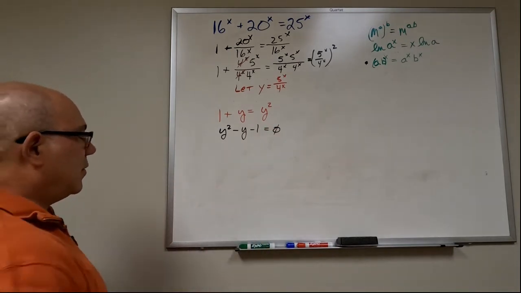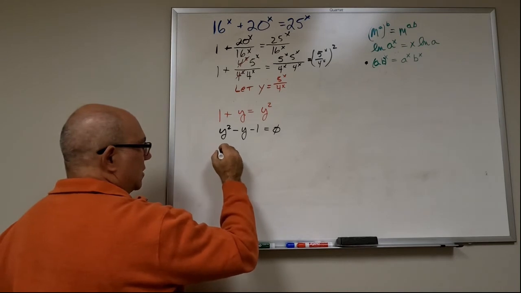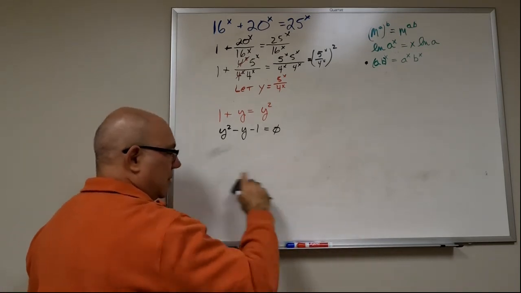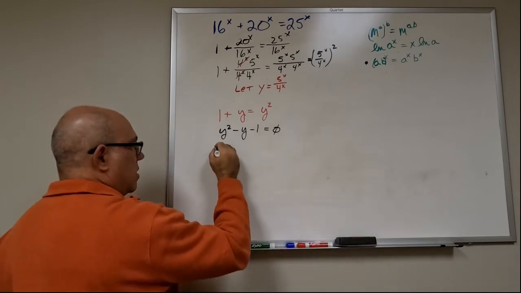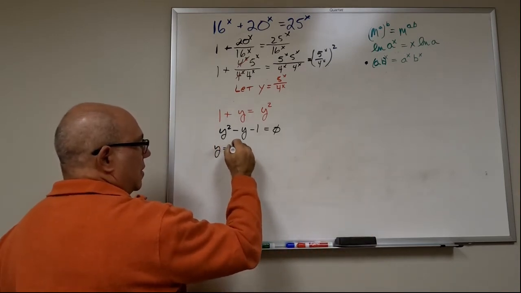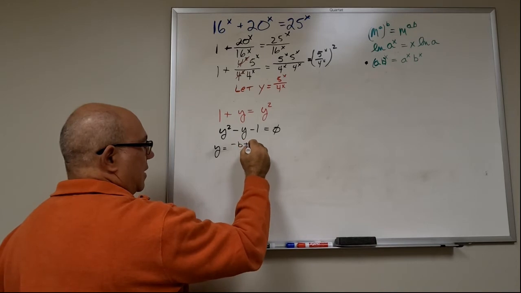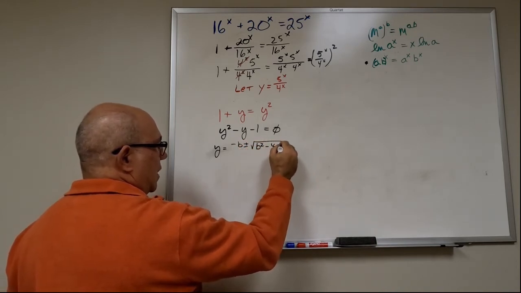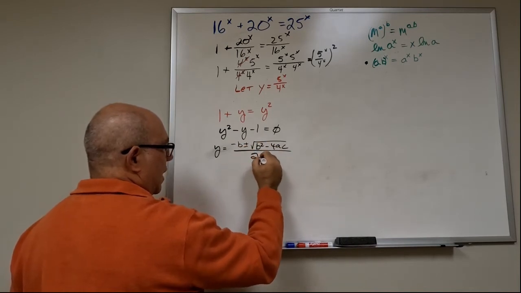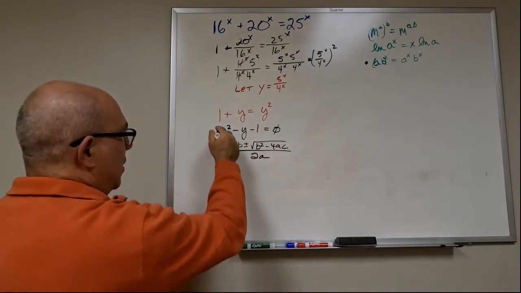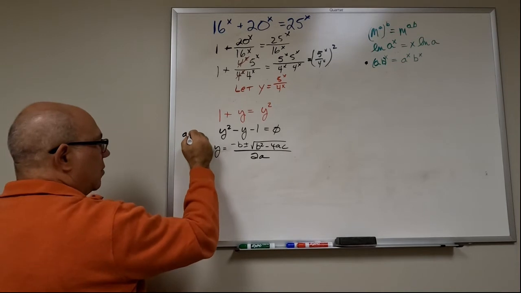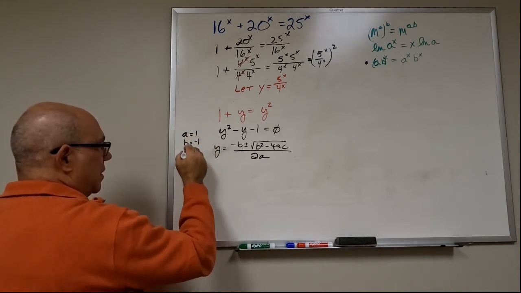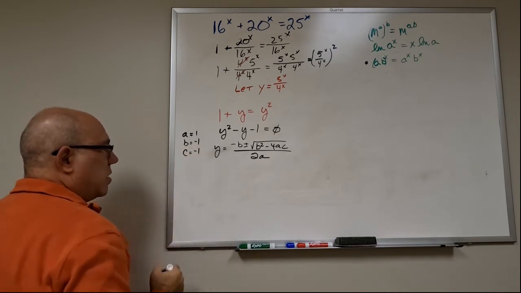And we can solve that with the quadratic equation, which is x, or we should say y, I'm sorry. Y equals minus b plus or minus the square root of b squared minus 4ac, all over 2a. And in this equation, a equals 1, b equals minus 1, c equals minus 1.